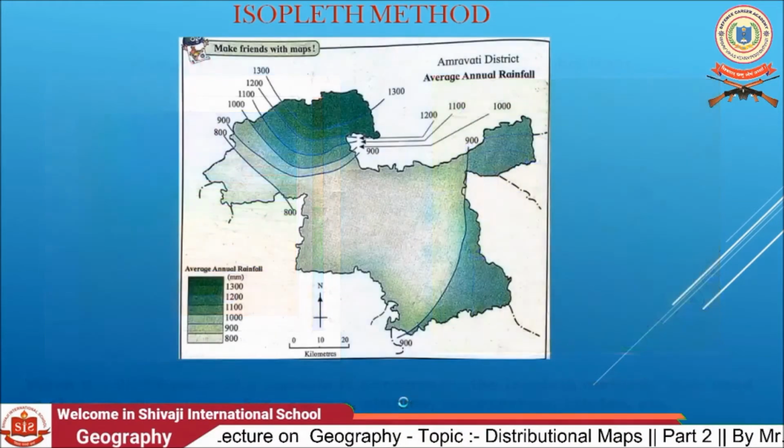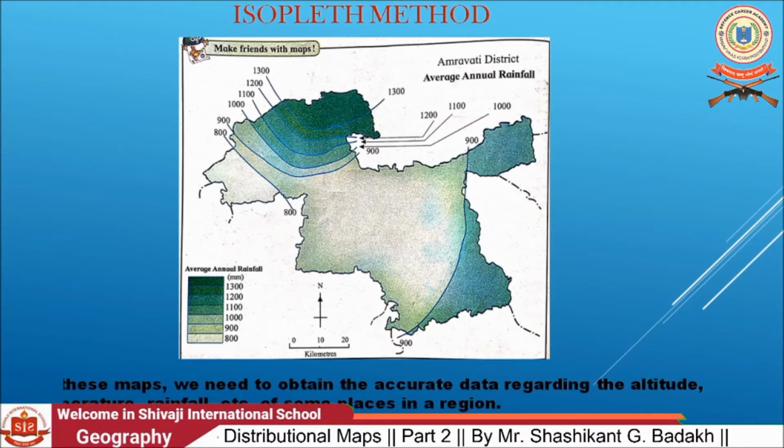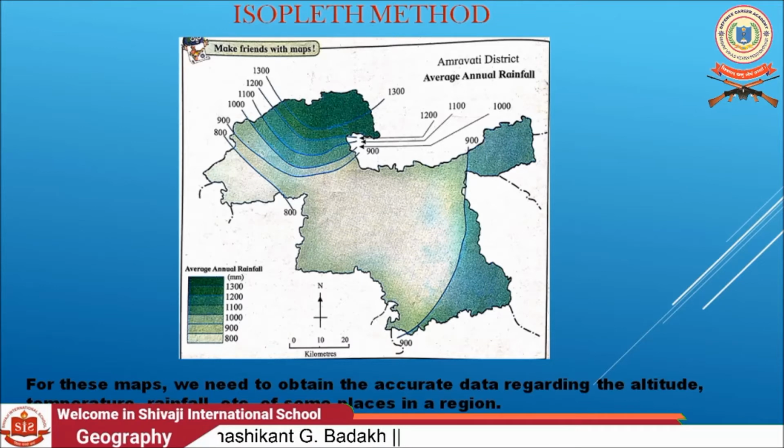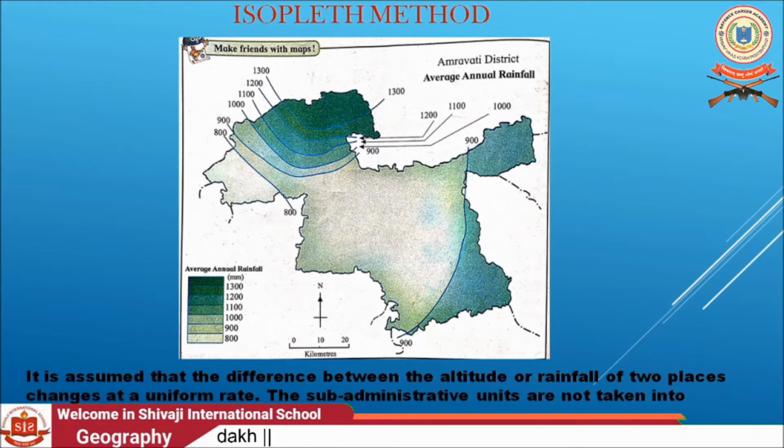Then see here students, isopleth method: Amravati district annual rainfall has been given here. For these maps, we need to obtain accurate data regarding altitude, temperature, rainfall, etc. For some places in the region, it is assumed that the difference between the altitude or rainfall of two places changes at a uniform rate.